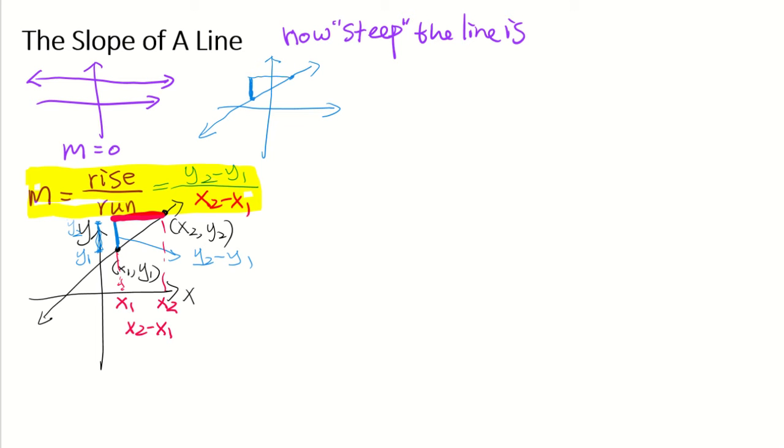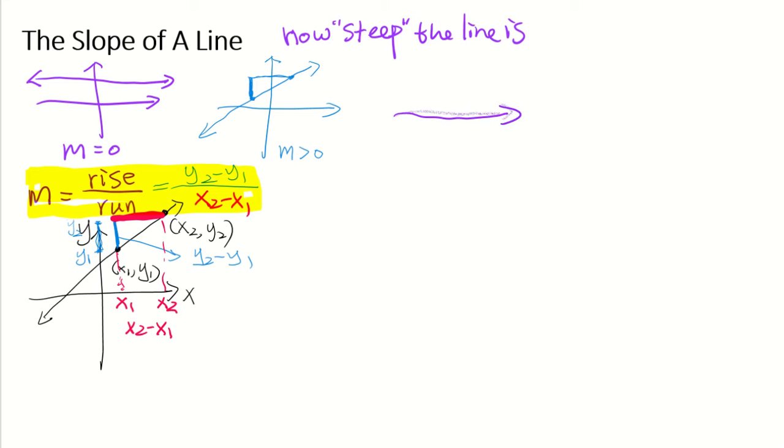The run is also a positive number. So the rise over run, positive over positive, would be positive, right? So the slope of this kind of line will be positive if your line is going up from left to right.